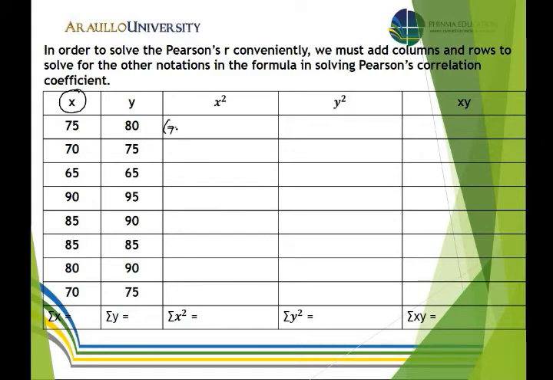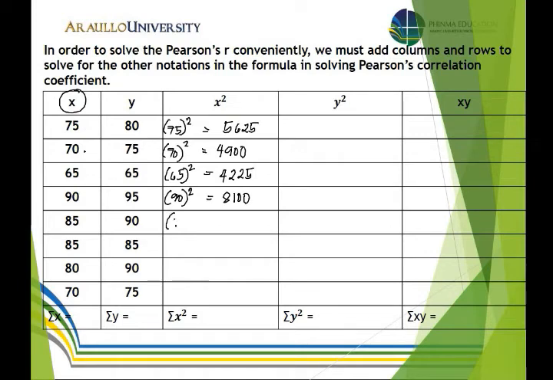So we have 75 squared is equal to 5,625, and then 70 squared is equal to 4,900, and then we have 65 squared is 4,225, and then 90 squared, which is 90 times 90, is 8,100.